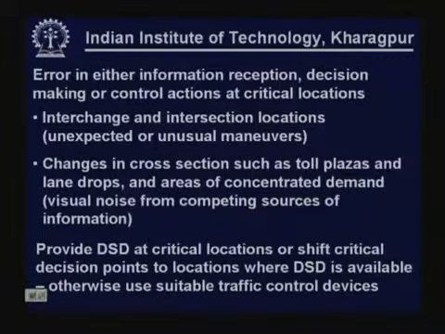If none of these options are acceptable, meaning they are not practically possible because of the site condition and other constraints, then suitable traffic control devices should be installed to warn drivers about the possible condition.